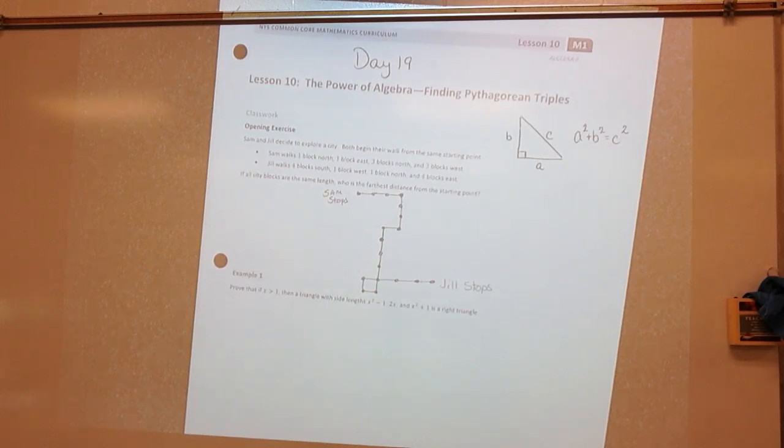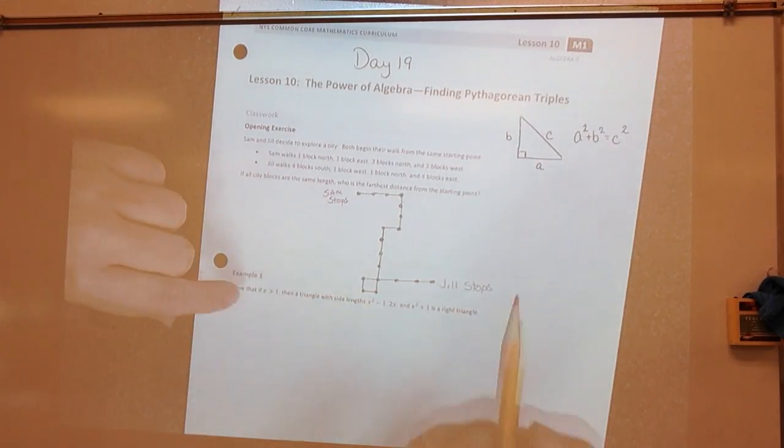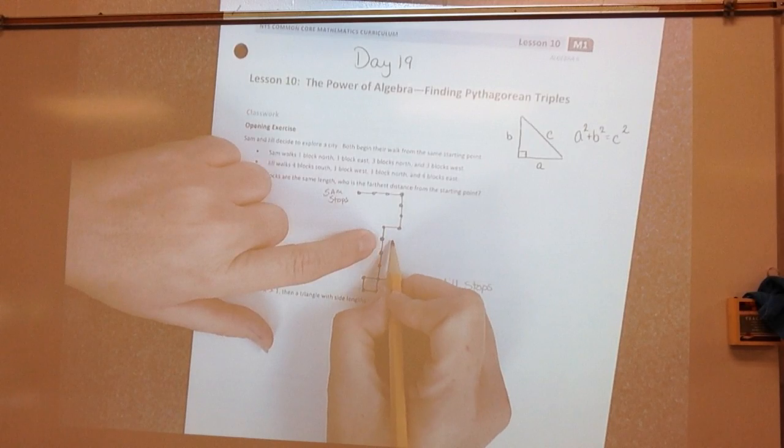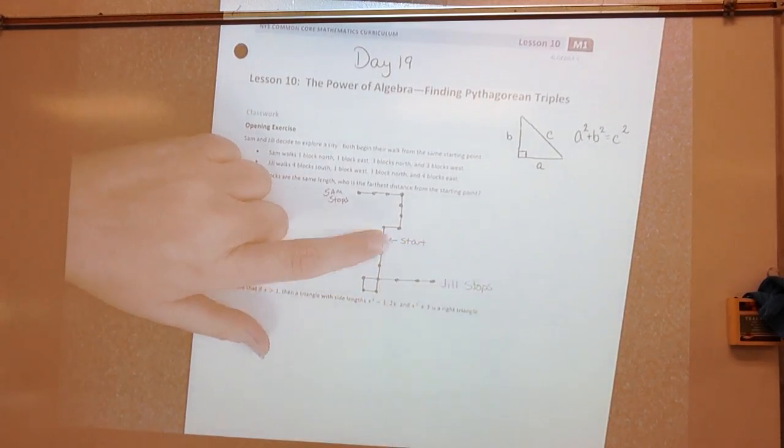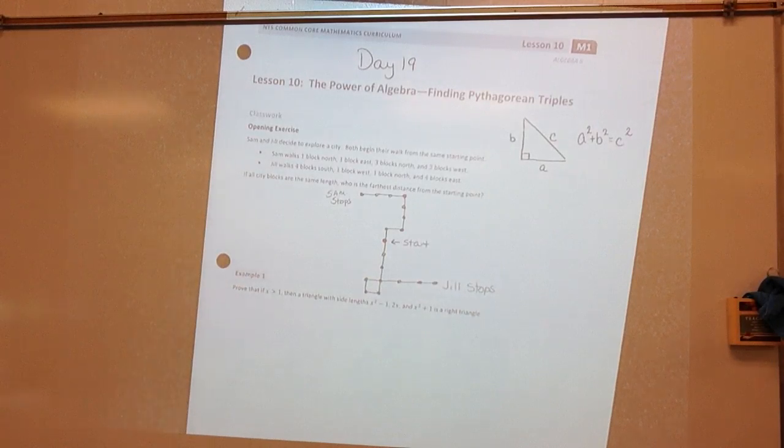Now, guys, I introduced you to the Pythagorean theorem, so that probably means we're going to use this. I've got to make sure I label our starting point. All right? This is our starting point. So I can create some right triangles here.